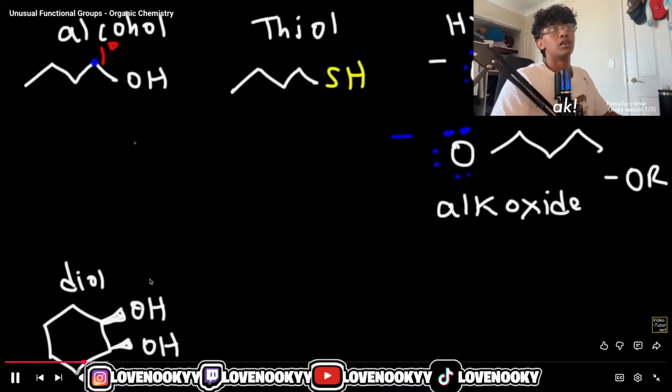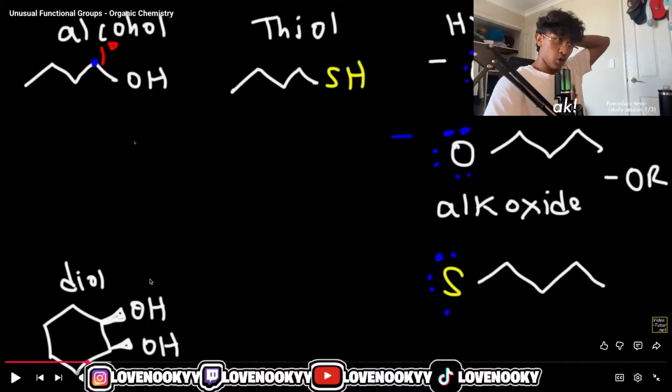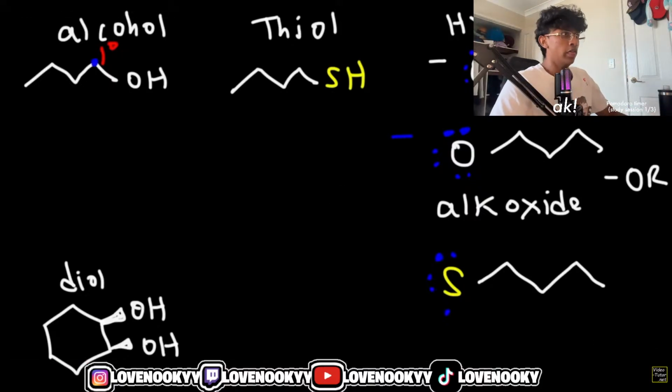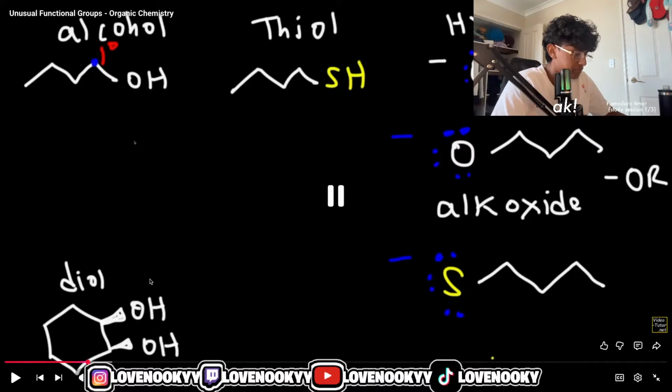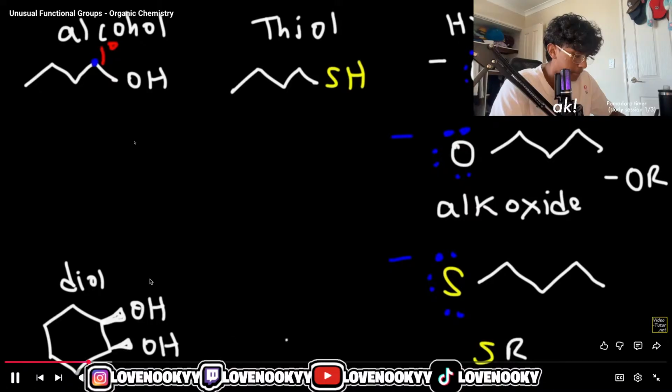Alkoxide. But both are strong bases. Now, if OH minus is hydroxide and OR minus is alkoxide, what do you think SH minus is? Thioxide?